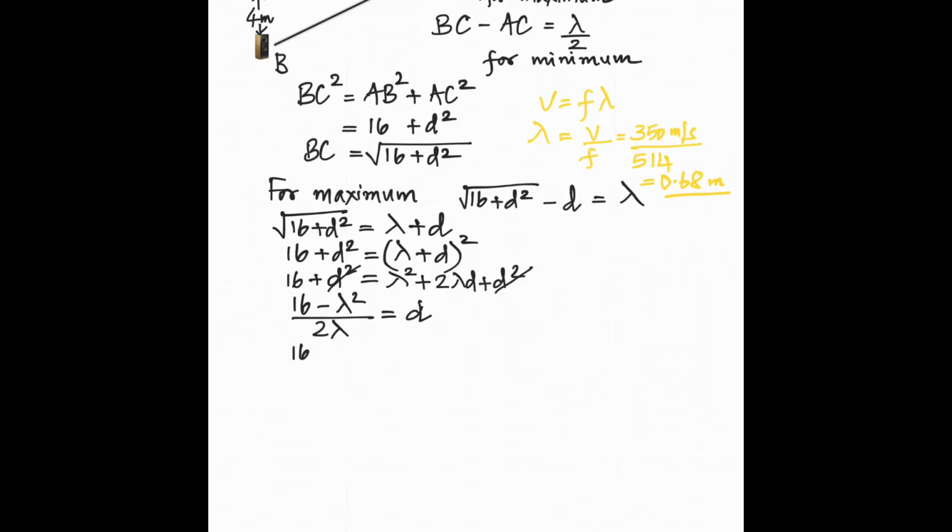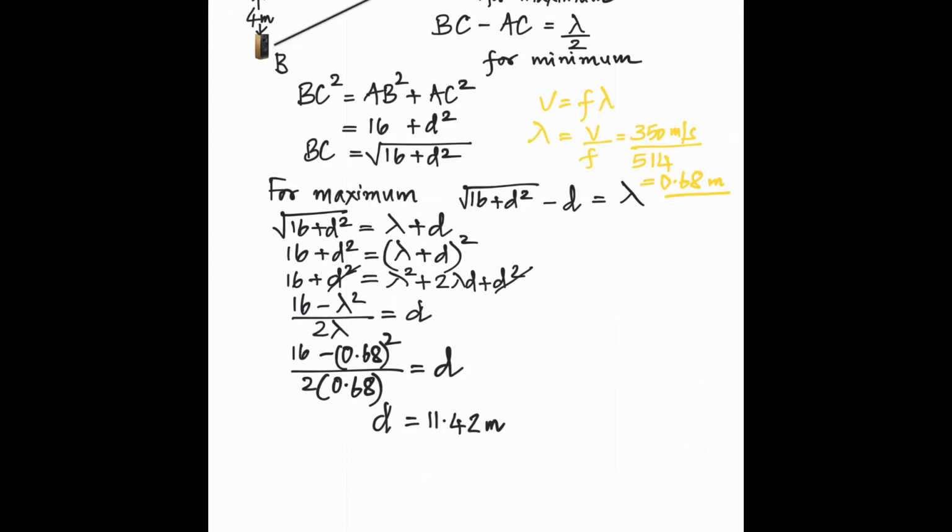Now that we have lambda, we can substitute the value here, which gives 0.68 squared divided by 2 times 0.68. On calculation, that gives 11.42 meters.